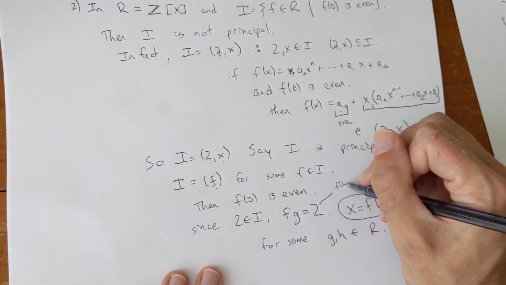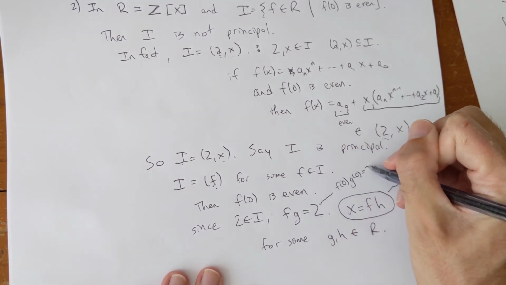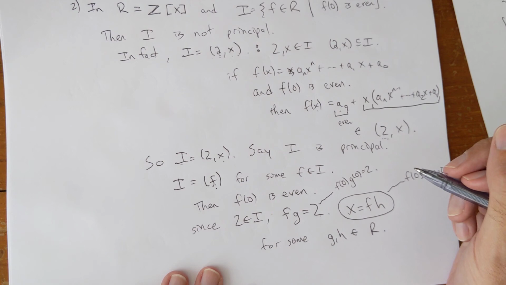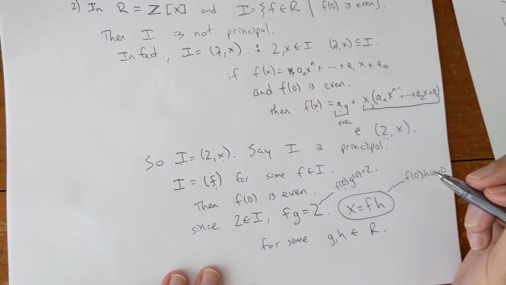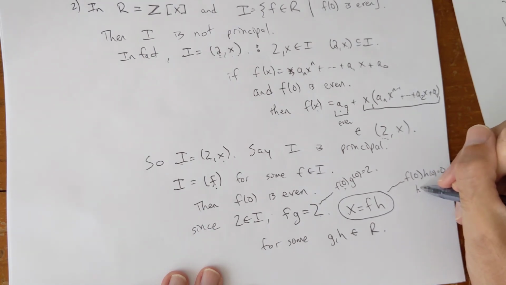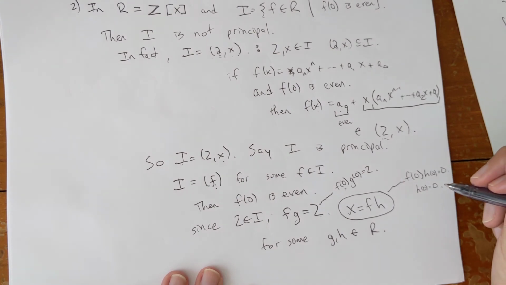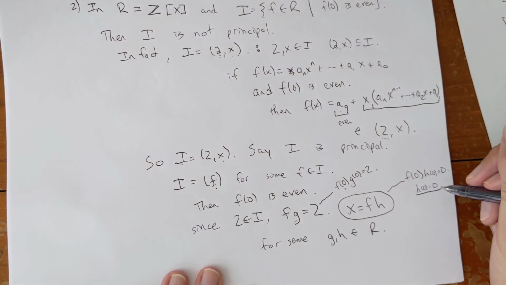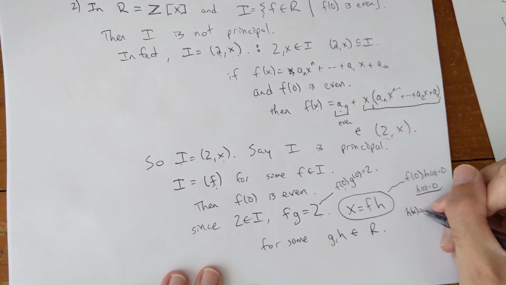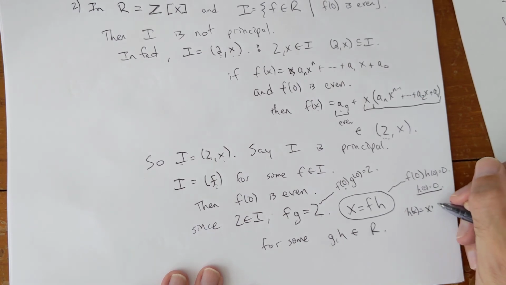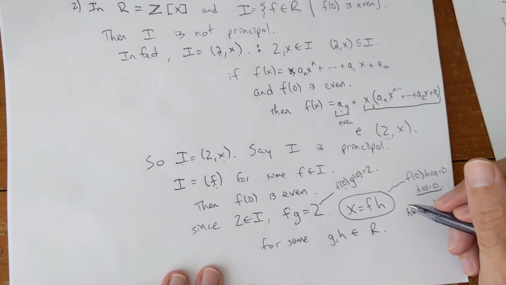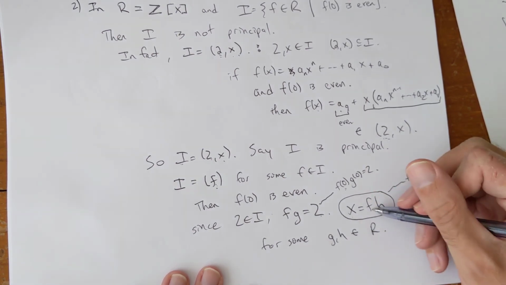This tells you that f of 0 times g of 0 equals 2. What does that give you? Well, this tells you that f of 0 is not 0. So the other equation tells you that h of 0 is 0. Now that implies that h has a factor of x. So we can write h of x equals x times h1 of x, and cancel the x on both sides. And then we have 1 equals f times h1.